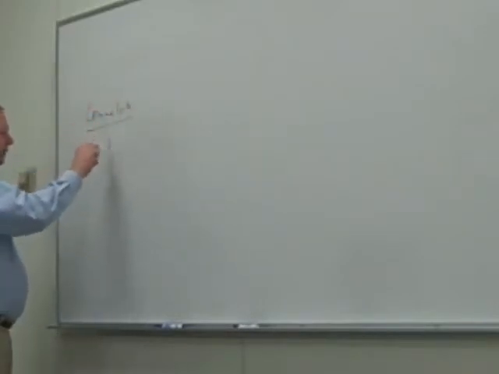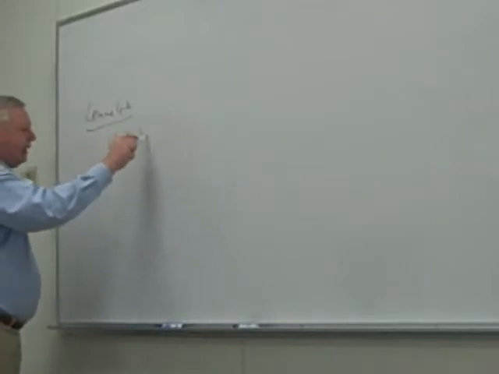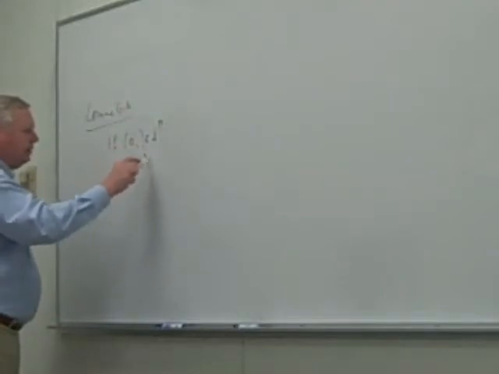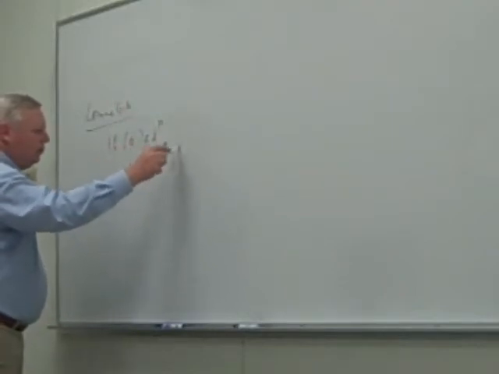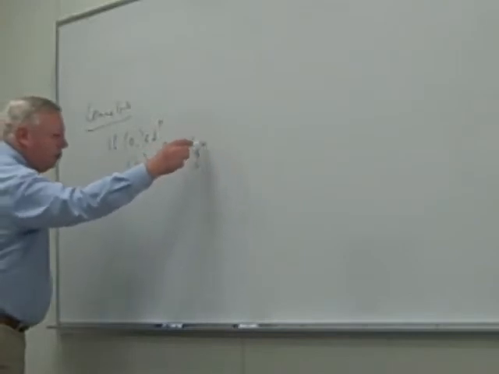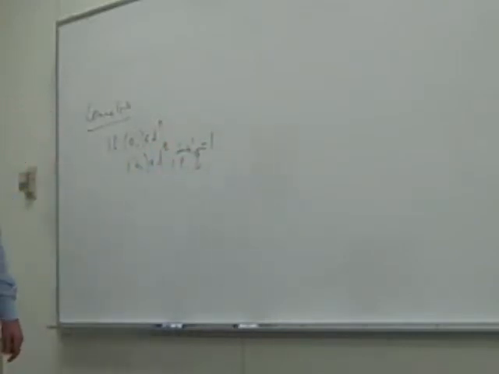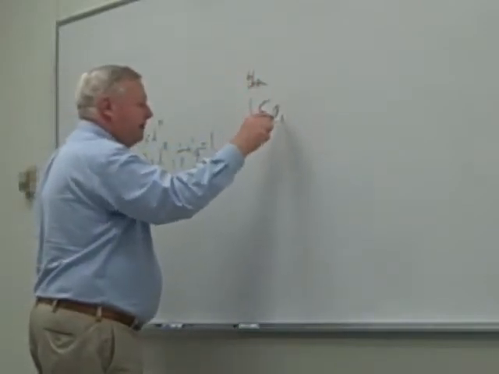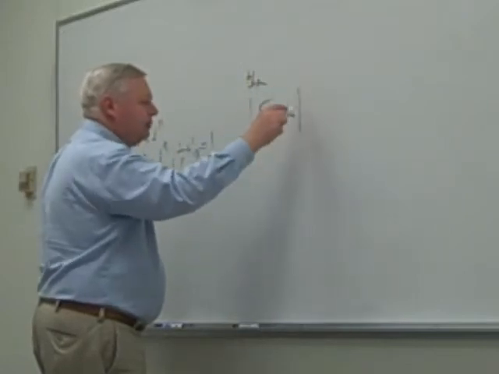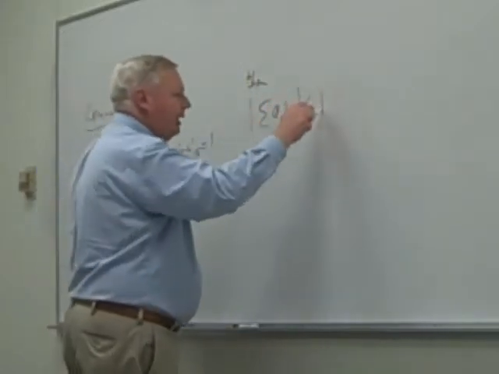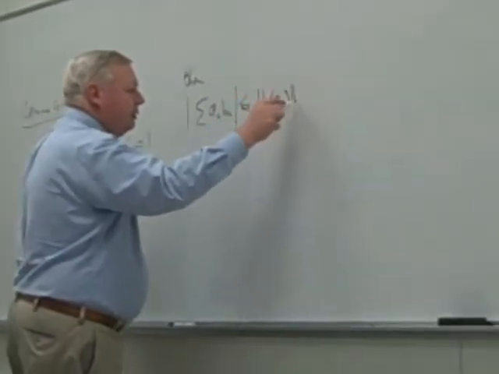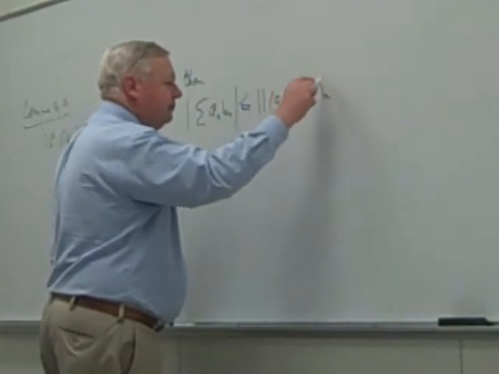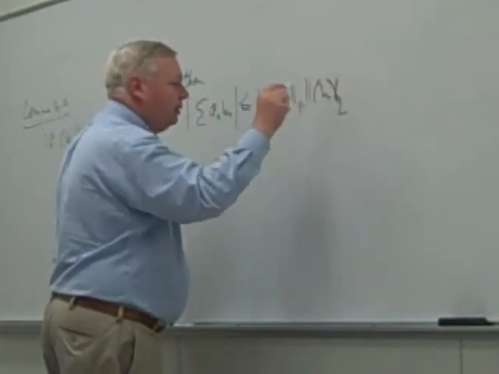It said if a_n is in little l^p and b_n is in little l^q, where 1/p + 1/q = 1, then the absolute value of the sum of a_n b_n is bounded by the p norm of the a_n's times the q norm of the b_n's.